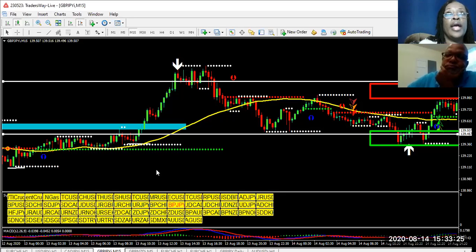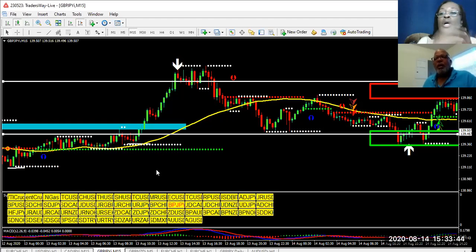So if I want to get $500, I may have to enter separate positions. But if I stack it, I can get my goal in that one trade. So now I don't have to put in multiple trades to try to get that amount.